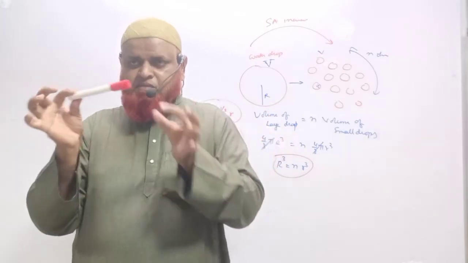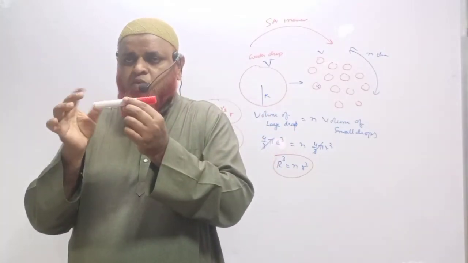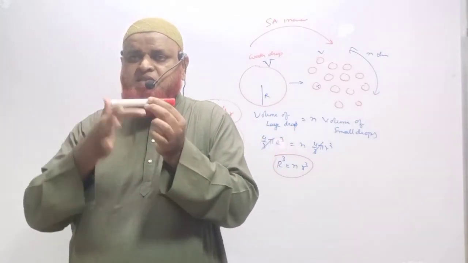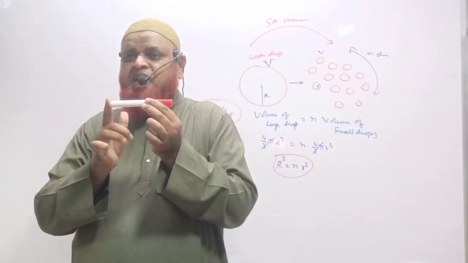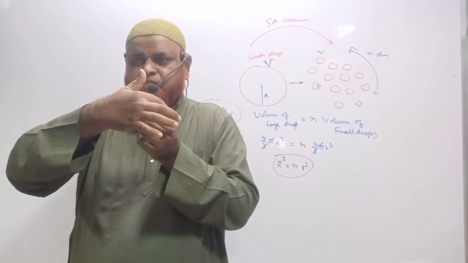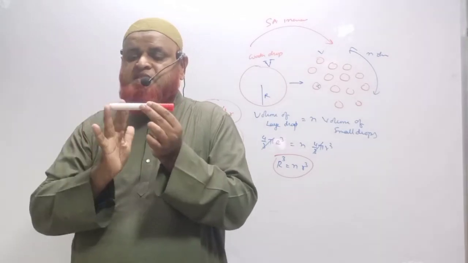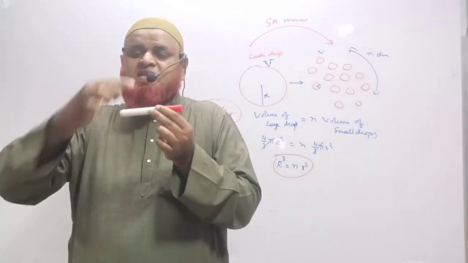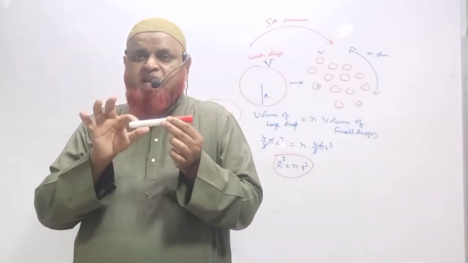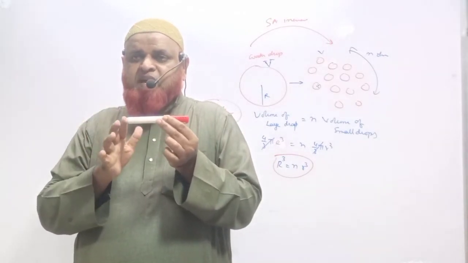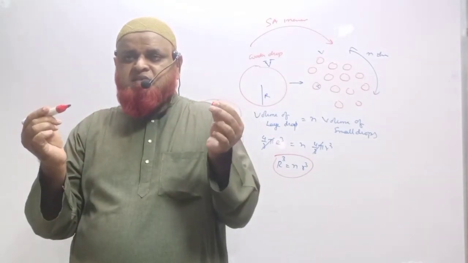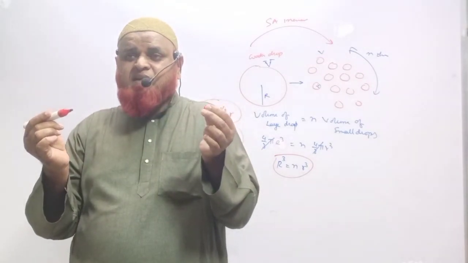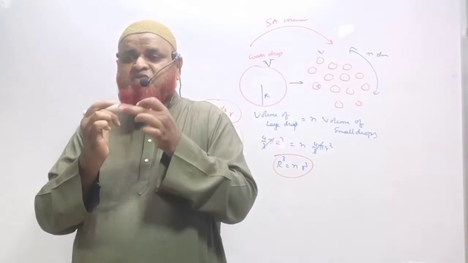See, this is a cylinder. What is the surface area of a cylinder? This is 2 pi r h, and this is pi r square plus pi r square. So total surface area is the lateral surface area plus these: 2 pi r h plus pi r square plus pi r square. If I break this into two parts, then what is extra here? This surface and this surface will become extra.